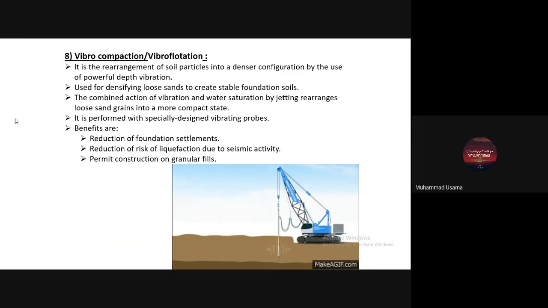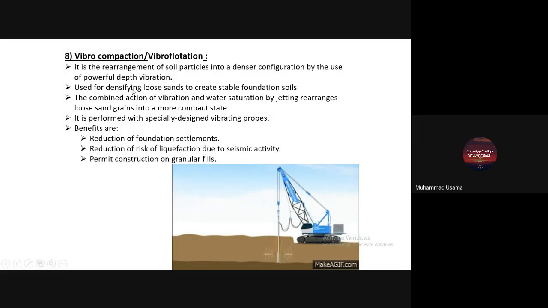The next one is the Vibrocompaction or the Vibroflotation. It is the rearrangement of the soil particles into a denser configuration by the use of a long depth vibrator. A vibrating probe is inserted in the soil. It creates waves inside the earth. When these waves are generated, they compact the soil, and thus the soil is compacted into a stable configuration.